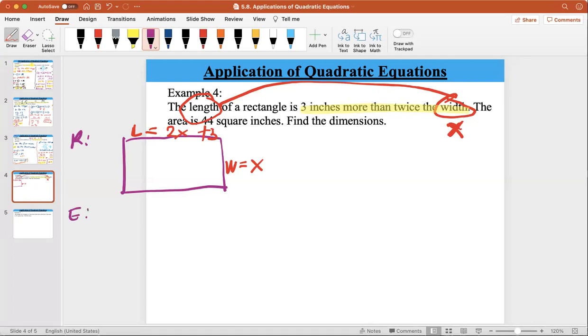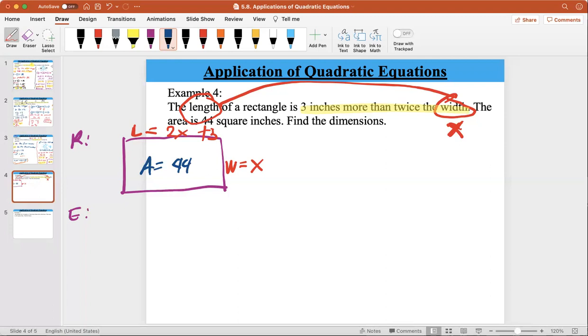So what now is our equation? Our equation will be based on the area. Your area here is 44. Since the area is 44, we can make use of the formula, length times width, to find the equation.